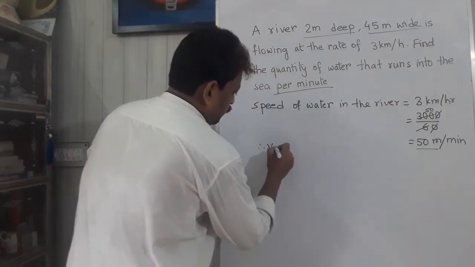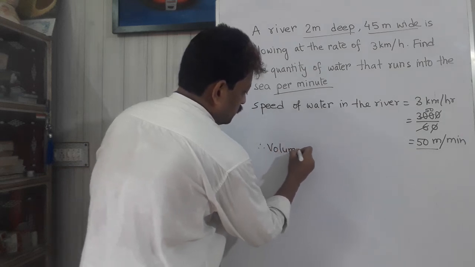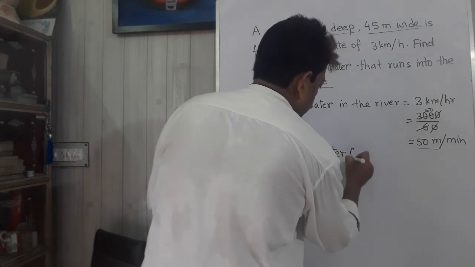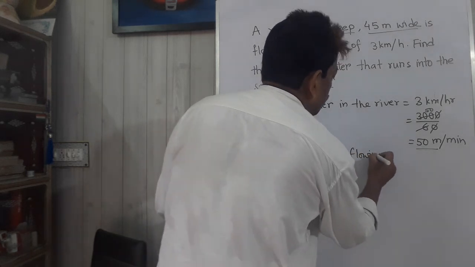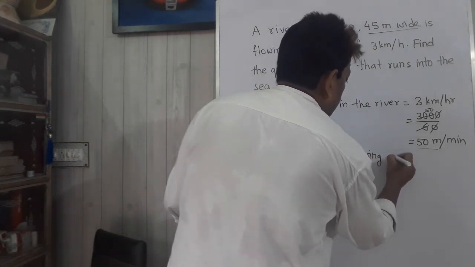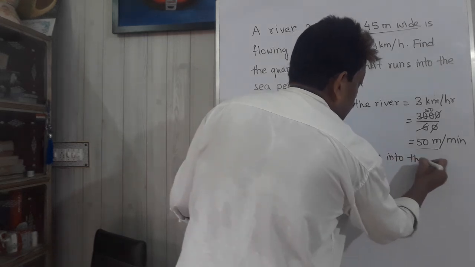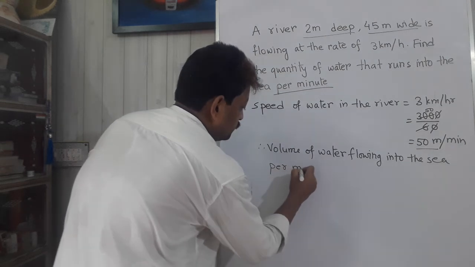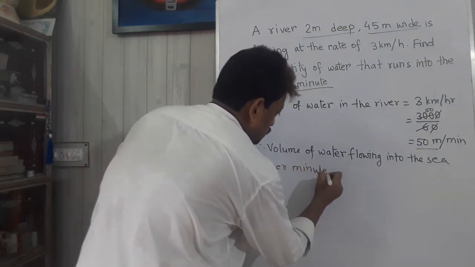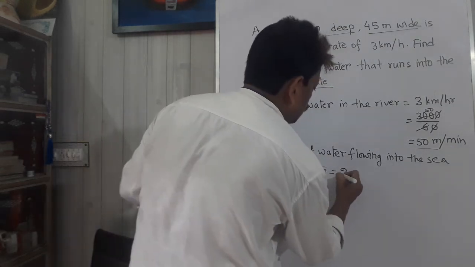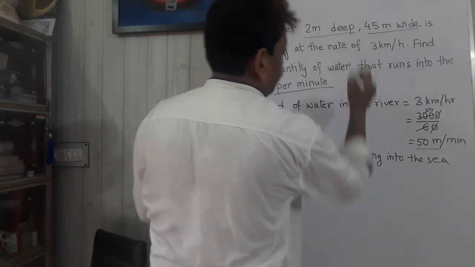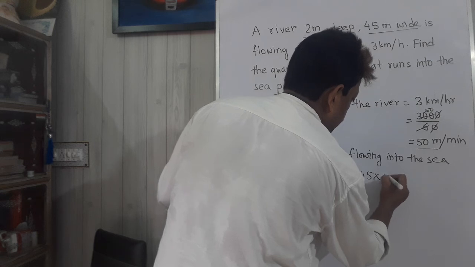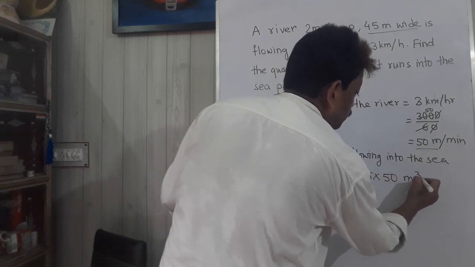Therefore, volume of water flowing into the sea per minute equals 2 multiplied by 45 multiplied by 50 meter cube.